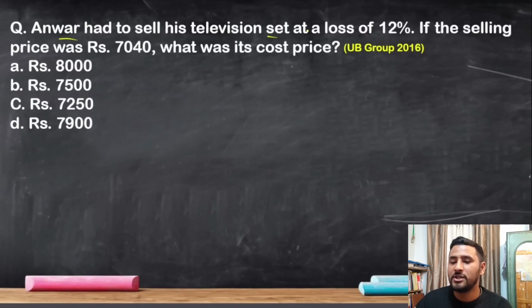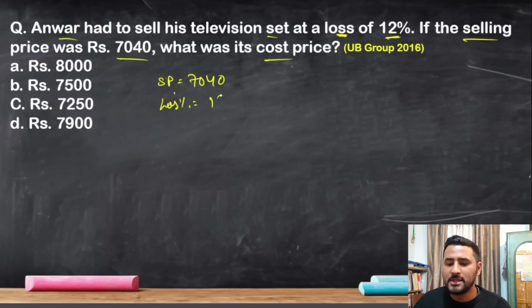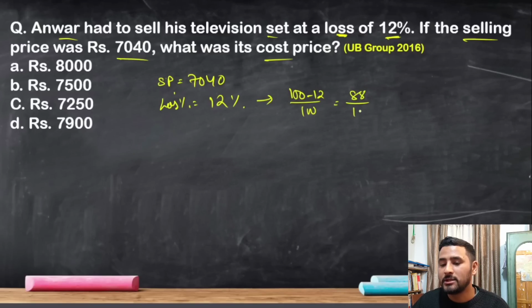Anwar had to sell his television at a loss of 12% if the selling price was rupees 740. Again, you need to find the cost price, but this time there is a loss. Use the same formula. First write SP. SP is 7040. Loss percentage is 12%. So 100 minus 12 will be 88, so I can write this as 88%.